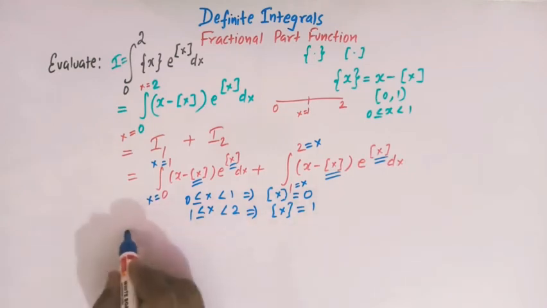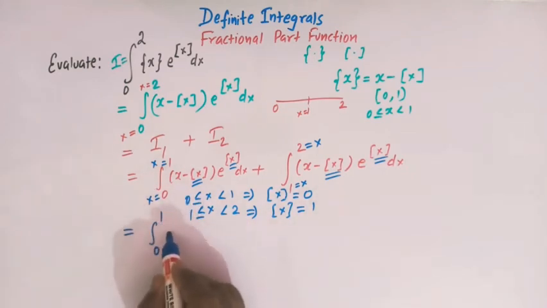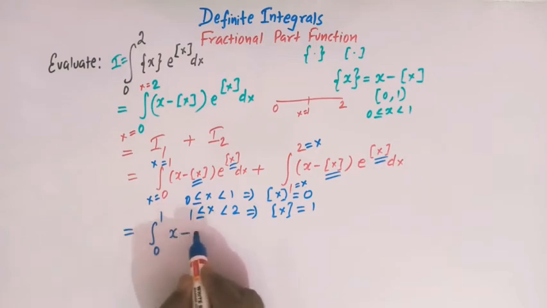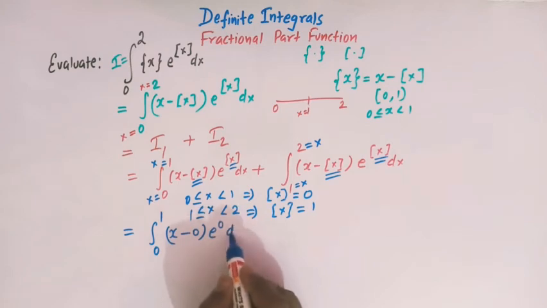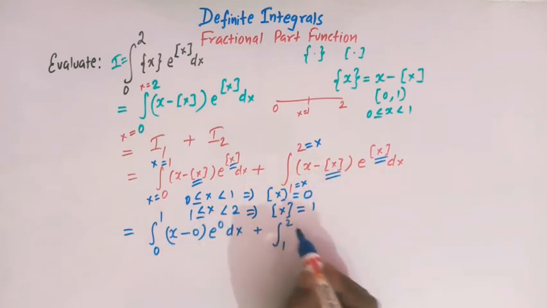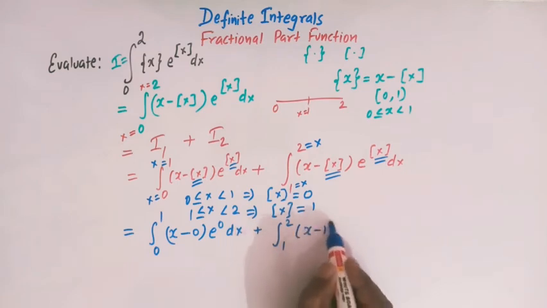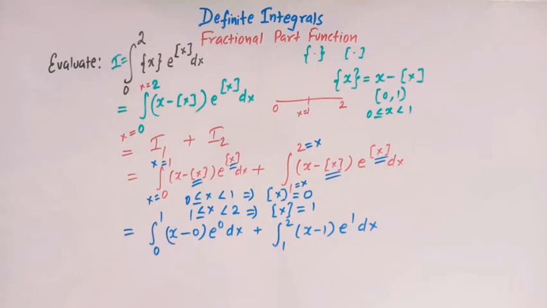So in I1 we take it as 0, giving x minus 0 times e raised to 0 dx, and in I2, from 1 to 2, we have x minus 1 times e raised to 1 dx.